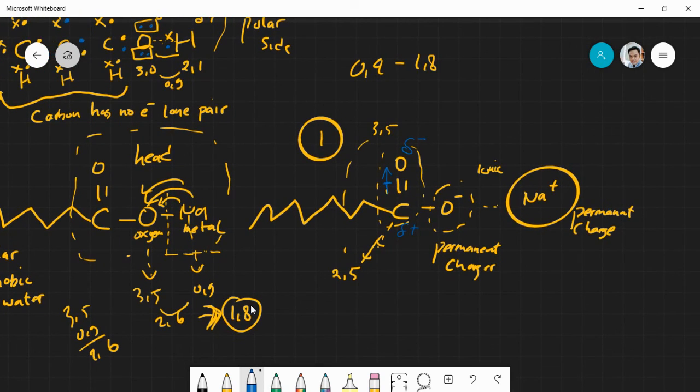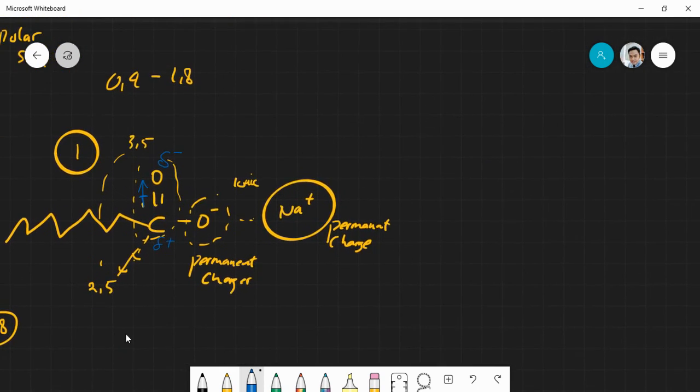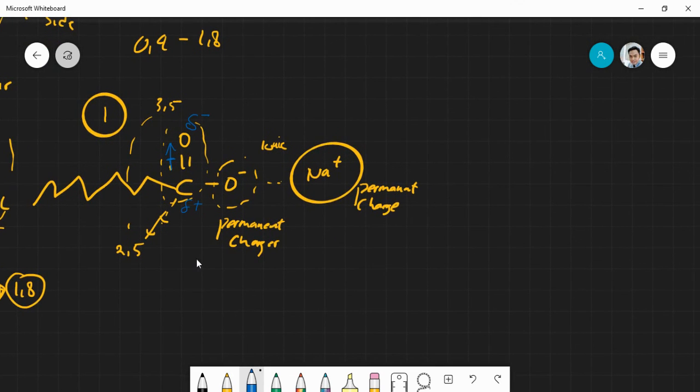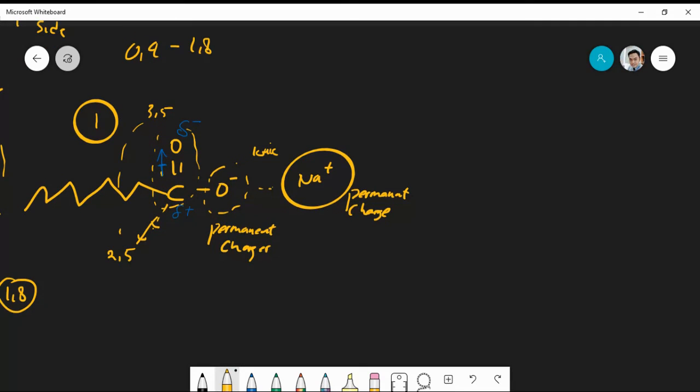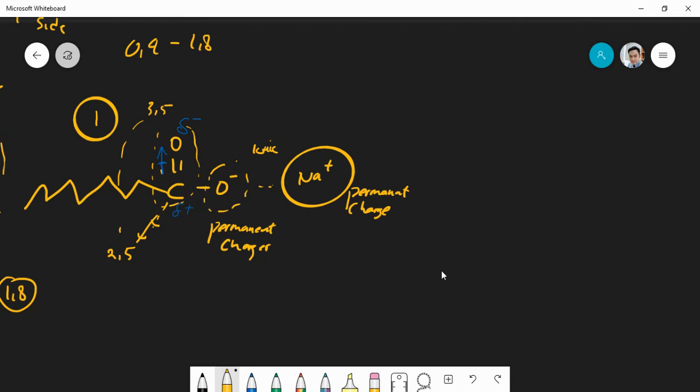So soap has three types of bonding in one. That's why soap is very powerful. In conclusion, if you have this and this, and this is the tail, it has a non-polar tail.